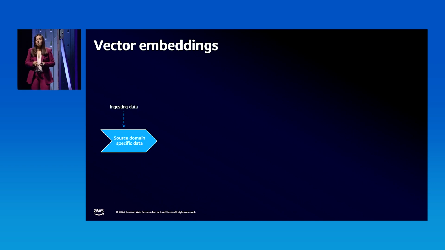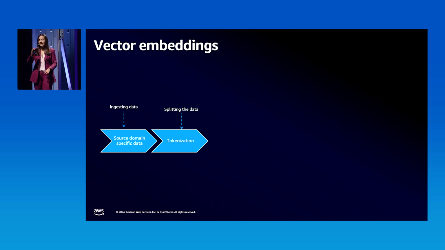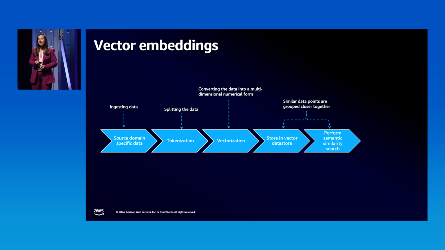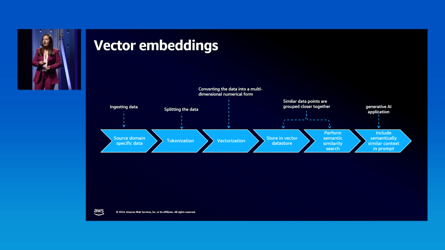To create the vector embeddings, first we ingest the data, then we split the data into manageable chunks, and create the numerical representation of this data that is later used by the vector database to store the relevant information. From the vector database, a generative AI application can easily extract the relevant information.